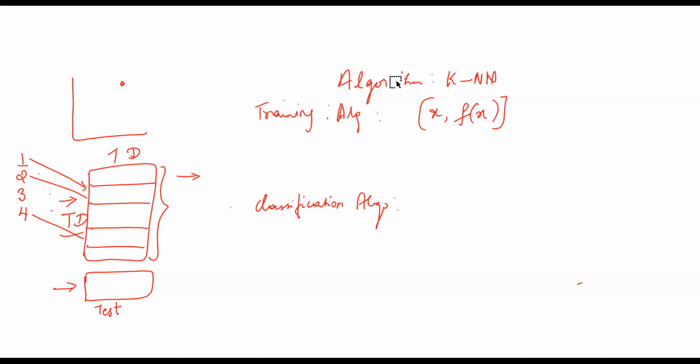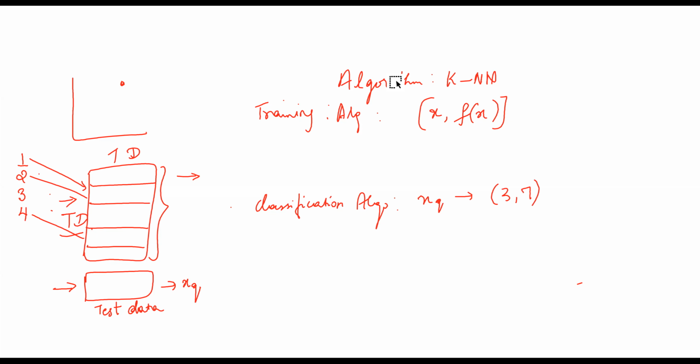When I come to the classification algorithm, what does it do? Suppose let me consider a given instance xq to be classified. This is my test data that is given, and I'm going to represent it by xq because I'm going to perform an operation on it, right? So this is my query instance. xq is a query instance which is nothing but 3, 7 in my example.